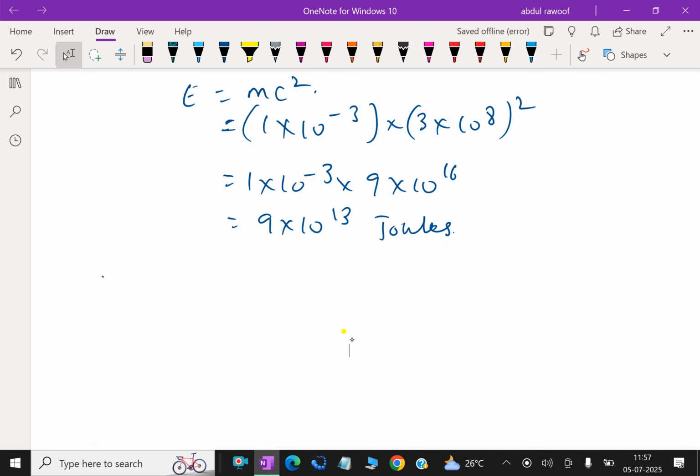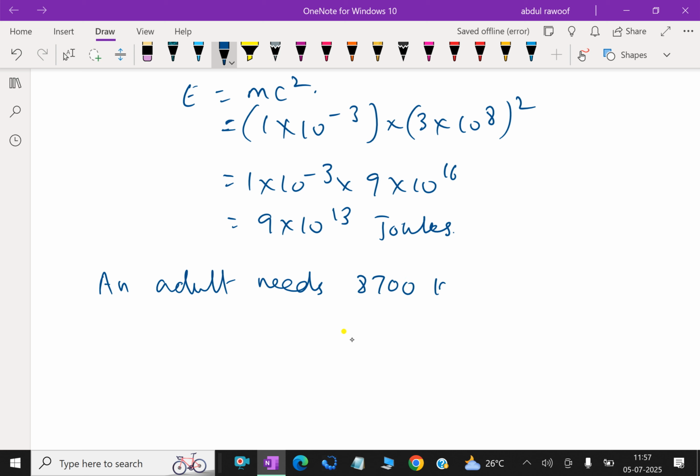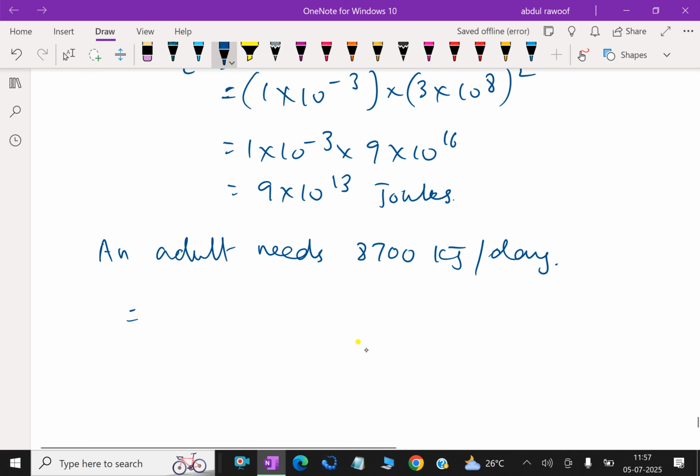Now consider an adult. A normal adult needs 8,700 kilojoules per day. Now, look at this division.